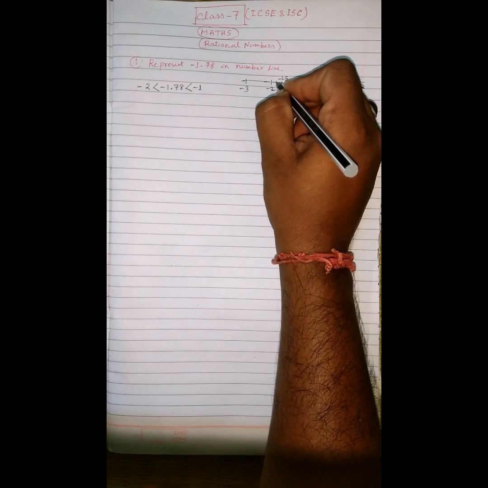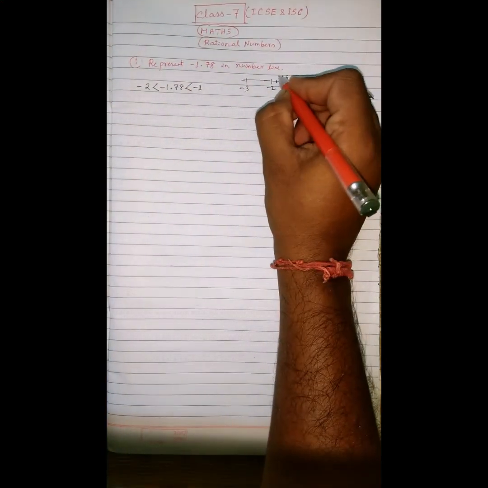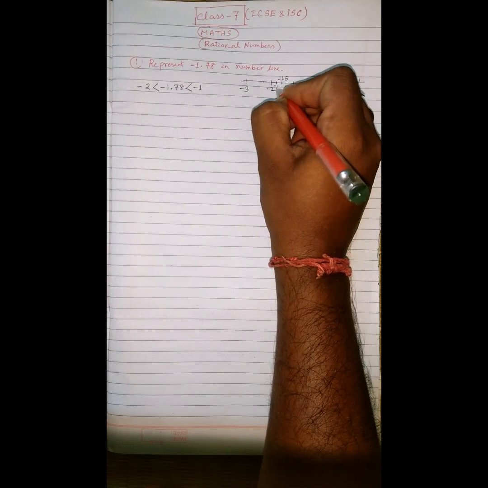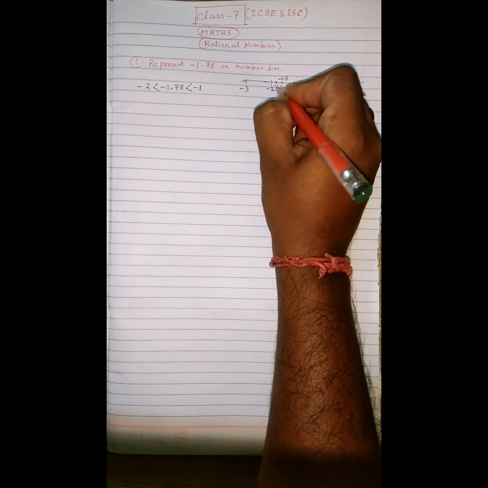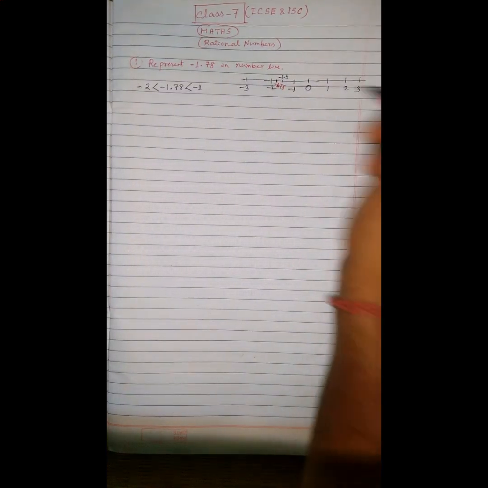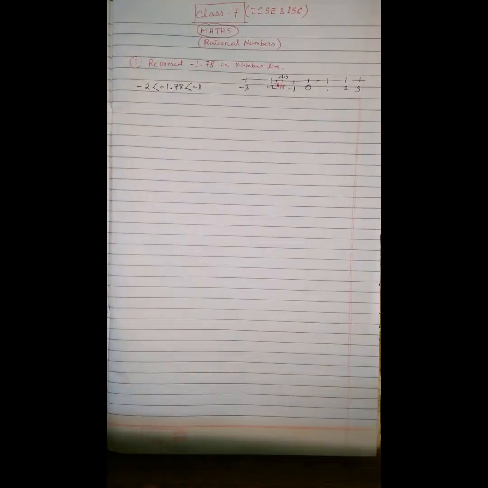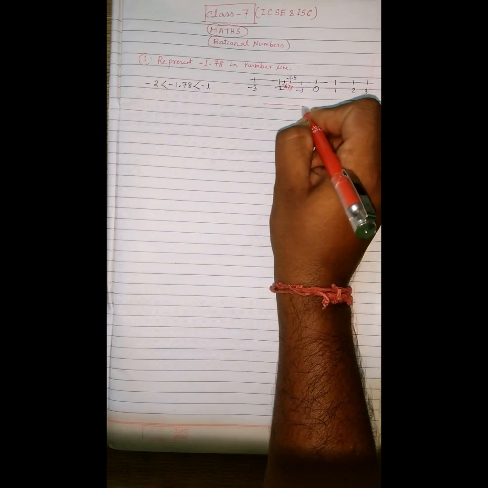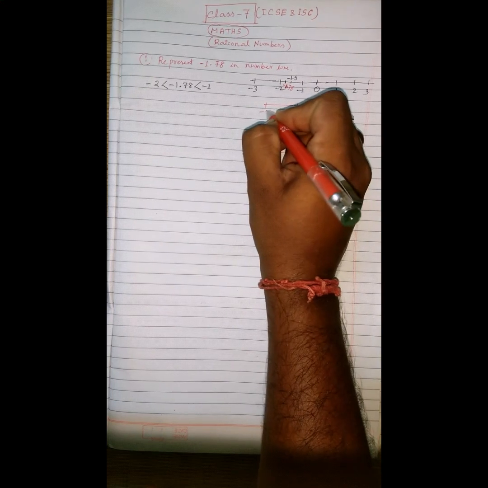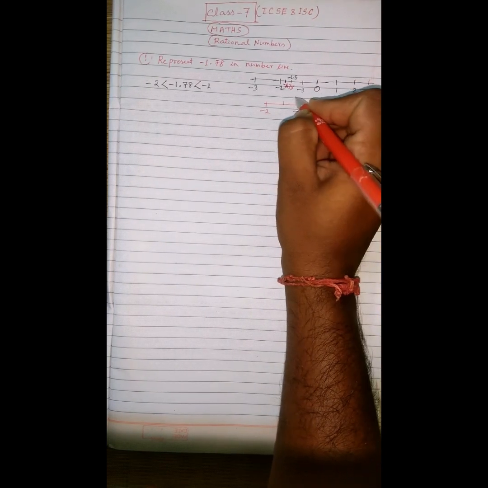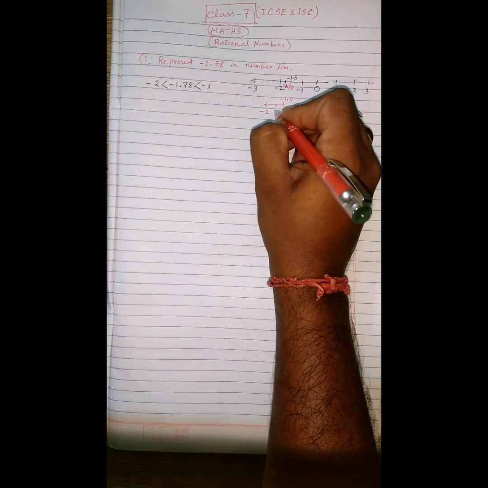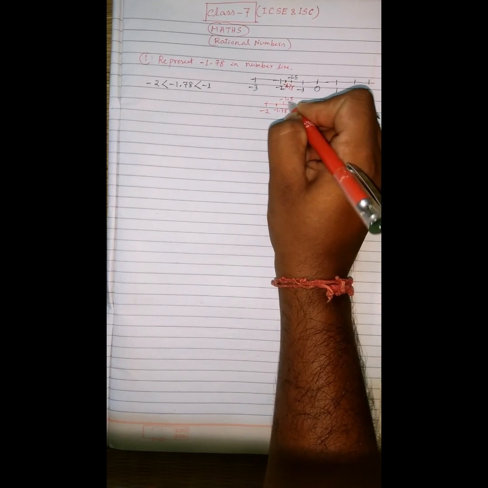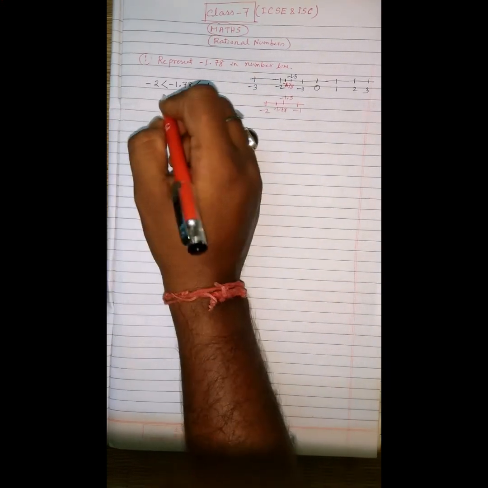So minus 1.78 lies between minus 1.5 and minus 2. Okay, so you can easily plot this number.